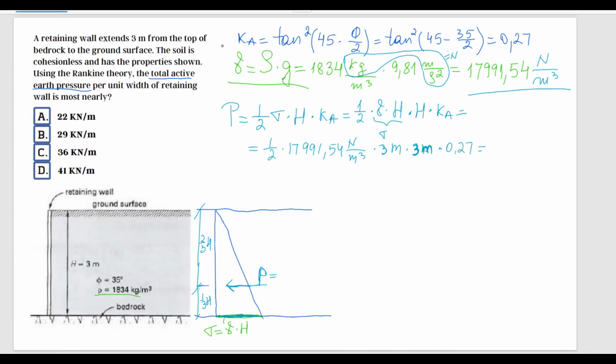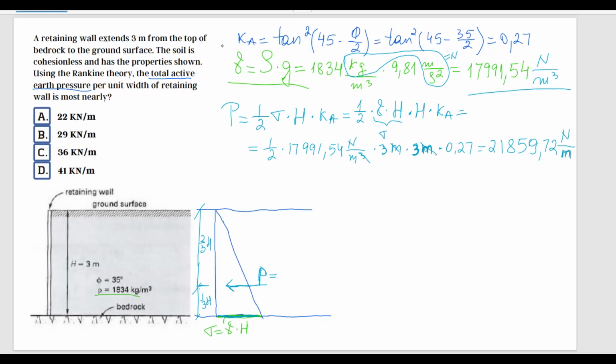Let's use the calculator again: 2 divided, 3 multiplied, 3 multiplied, and then 0.27 multiplied. I get a value of 21,859.72, and these are newtons over meter.